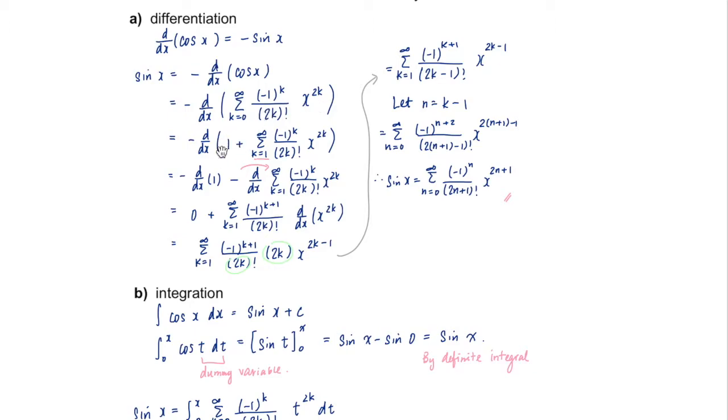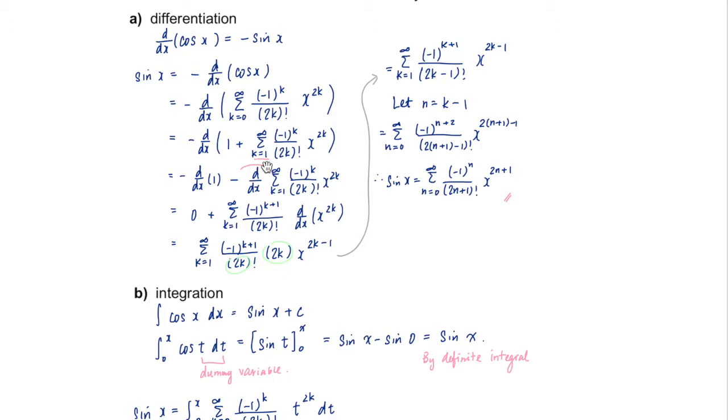So the first term will be 1, and then I can make some adjustments to this series by adding the second, third, fourth term, and so on, still following this rule, but now my k value would be k equals 1. This series starts from k equals 1.